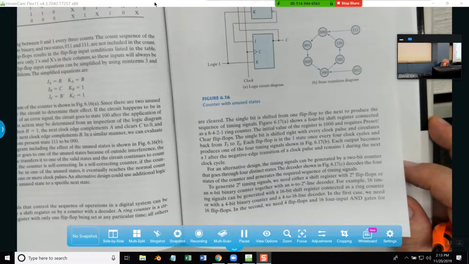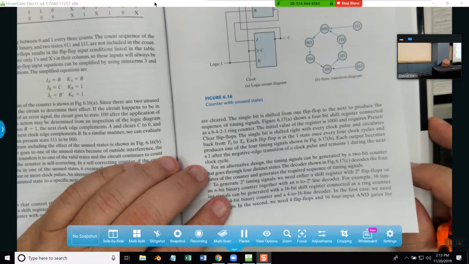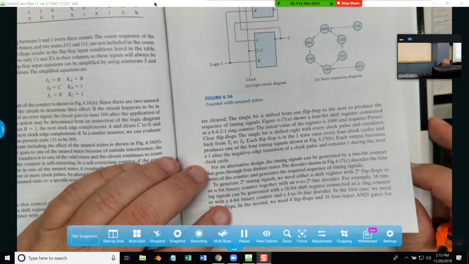For example, 16 timing signals can be generated with a 16-bit shift register connected as a ring counter, or with a 4-bit binary counter and a 4 to 16 line decoder. In the first case, we need 16 flip-flops. In the second, we need 4 flip-flops and 16 4-input AND gates for the decoder.